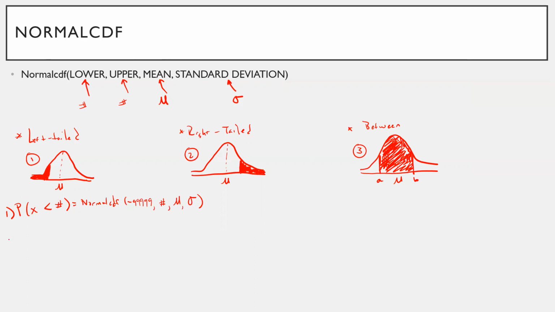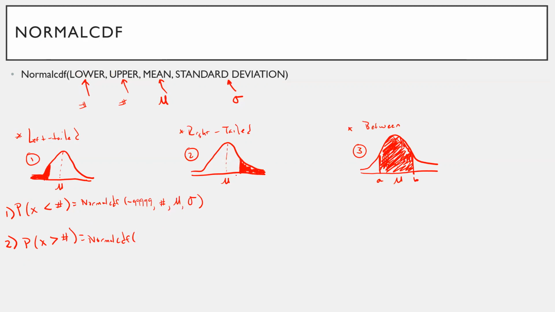Now, if it's a right-tailed test, so it's the probability that X is greater than some number, like I have here in picture number 2, you're going to go normal CDF. The lower value is the first value where the area is shaded.